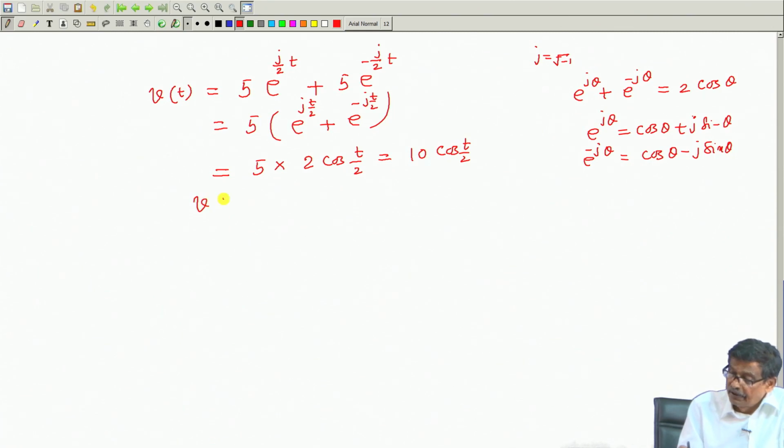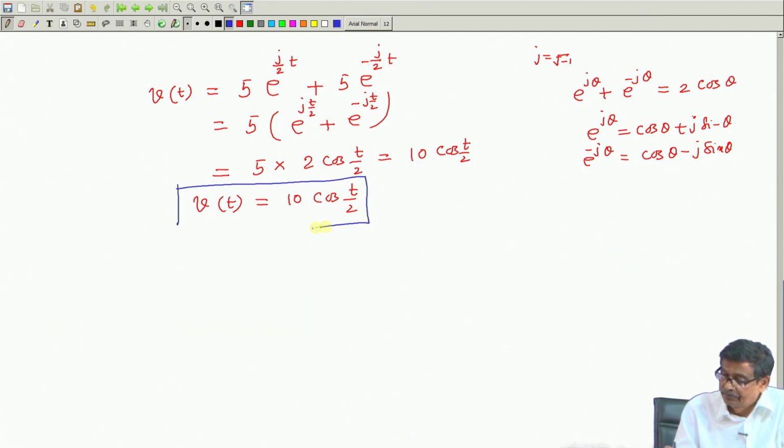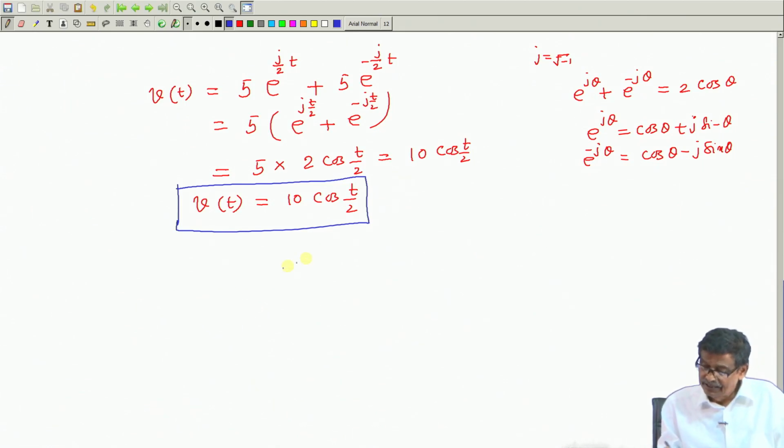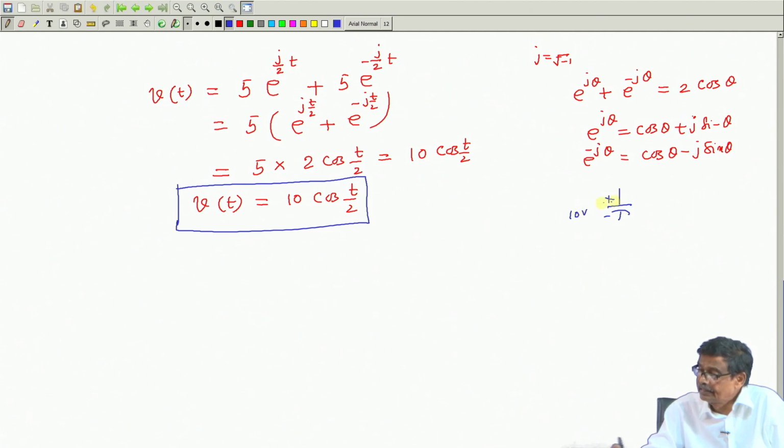So, voltage across the plate of the capacitor is equal to 10 cosine t by 2. So, we have got the voltage across the plate of the capacitor, and the expression of the current, and the point I want to make is this. Although there is no forcing function, the capacitor was charged with a real number, plus minus 10 volt, as the initial voltage.